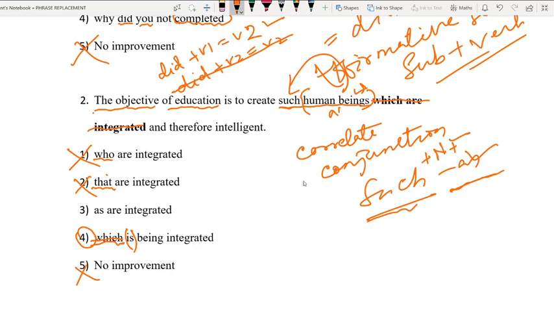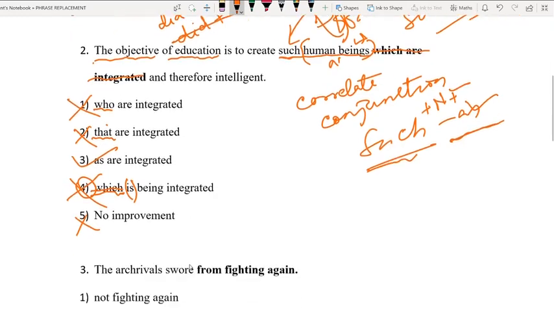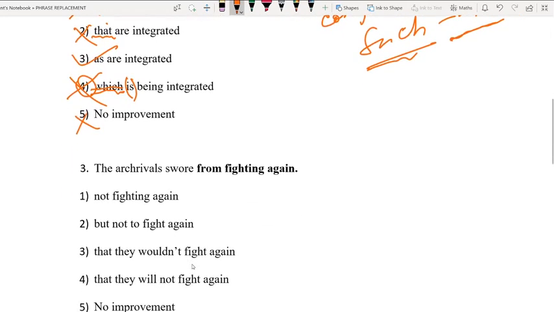Similarly, if the noun before the relative pronoun is plural, then of course we have to use a plural form of the verb after the relative pronoun. So now option number 4 is eliminated because of 2 wrong possibilities. Now we have only 3 as the answer: "as are integrated". So now we are going to the third question.